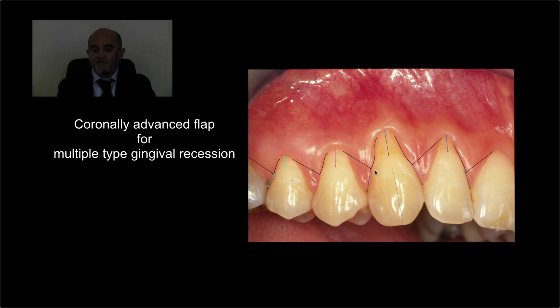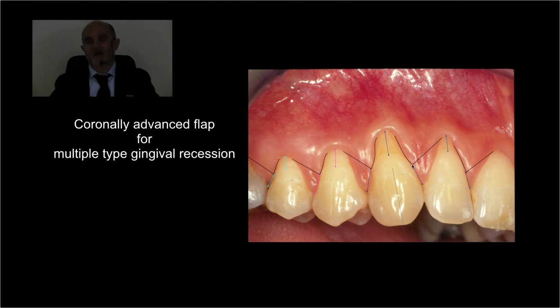While if you make a small mistake in elevating the tip of this triangular shape surgical papilla, this does not coincide anymore with the tip of the disepithelialized anatomic papilla, and this is a mistake that is repeated for every single surgical papilla, which is included in the flap design. So nothing will be done as it should be done if you make a small mistake, even in the tip of one surgical papilla.